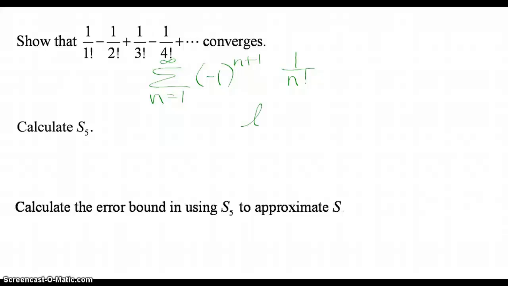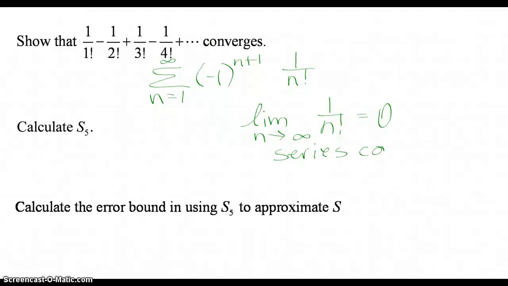So I'm going to run the alternating series test. And there it is. The bigger n gets, the bigger that denominator gets. 1 over huge is tiny. That limit is going to 0.